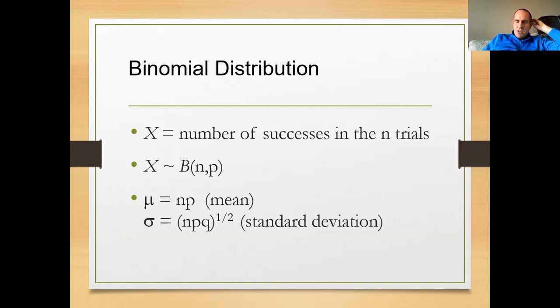If the standard deviation is big, that means the random variable's fluctuating like mad around the mean. It's not really staying close to the mean at all. But if the average deviation is small, that means this thing is not fluctuating that much away from the mean. So that's kind of the meaning of that standard deviation.